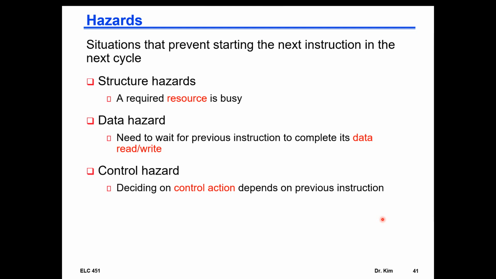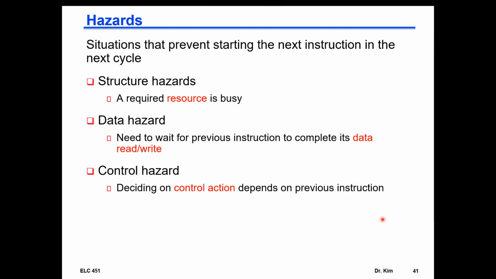Then we have control hazards, which are the most complex to deal with. When we hit a conditional branch instruction, we don't know which way to go until much later. But we are ready to read the very next instruction in the next clock cycle, and we may not know if that is the right path until 2 or 3 cycles later.